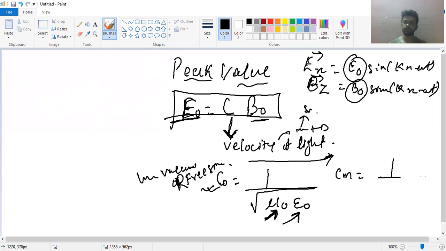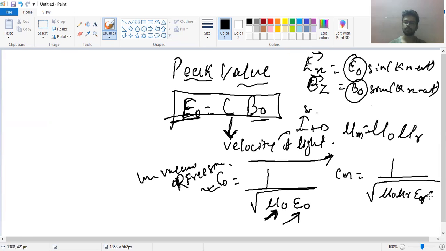Suppose mu naught is the permeability of free space. If some medium is there, then it will have a relative permeability, and mu naught into the relative permeability will be the permeability of that medium. So overall the expression will become mu naught into mu r into epsilon r into epsilon naught.